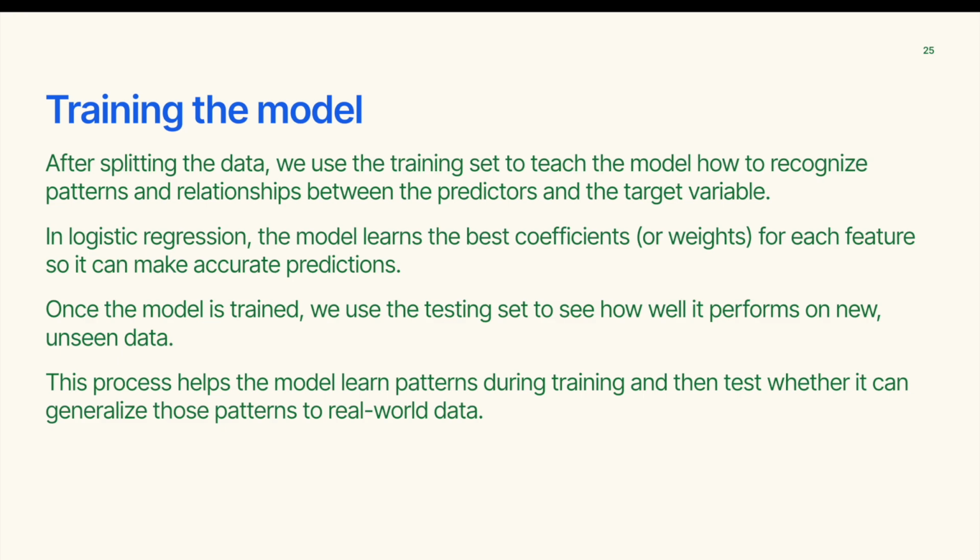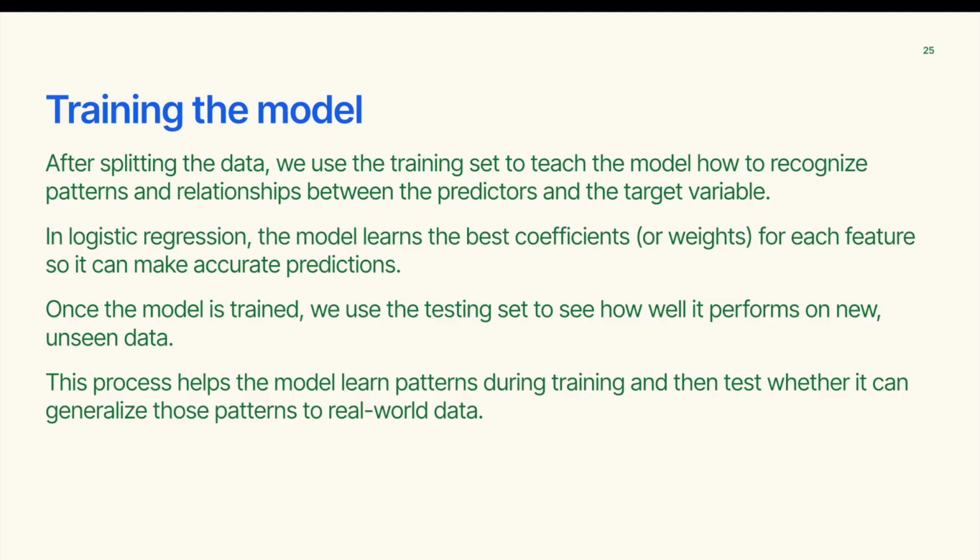So now that we've split our data, the next step is to train the model. When we talk about training a model, we're really talking about teaching it to recognize patterns in the data. So in this case, it would be patterns that help predict whether a tumor is malignant or benign.